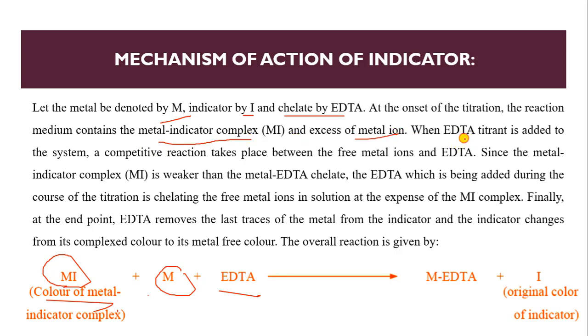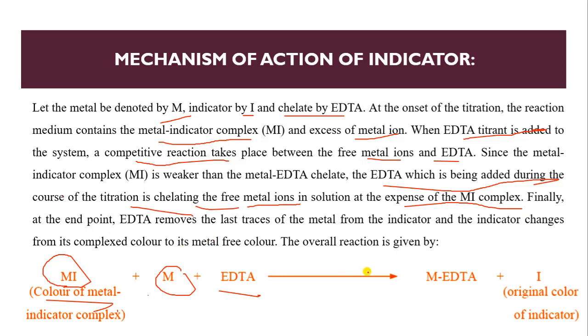When EDTA titrant is added, a competitive reaction takes place between free metal ions and EDTA. Since the metal indicator complex is weaker than the metal EDTA chelate, the EDTA being added during the titration chelates the free metal ions in solution at the expense of the MI complex.